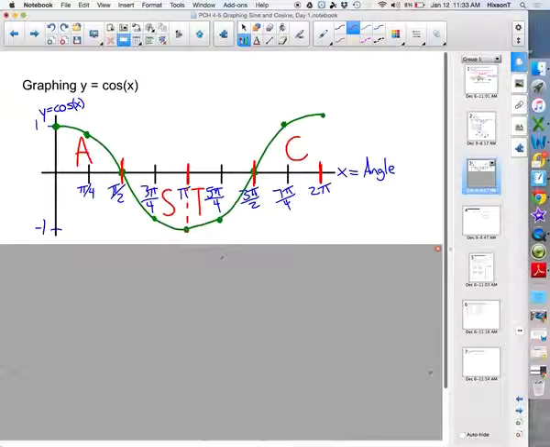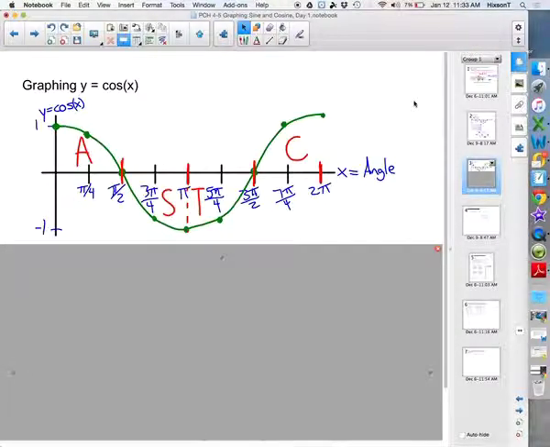So again, you can see that relationship there. So the domain and range are the same for cosine and sine graphs. The domain and range, yeah, they are the same.